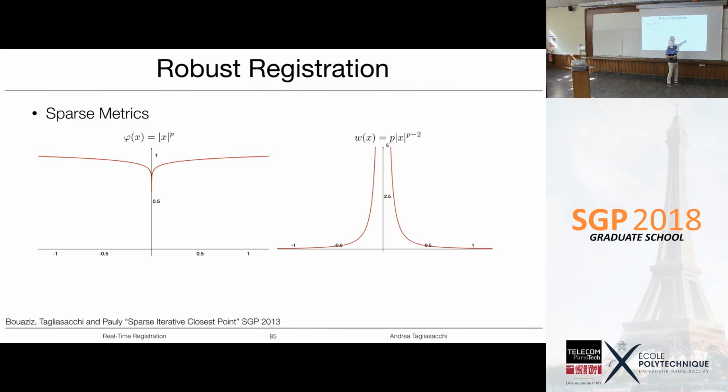If they have a 0 residual, it will be infinite, which means that those points will be infinitely considered inside the optimization as being fit to. While for large outliers, which will lie over here, as you can see, the gradient of the function is almost flat, which means that it will be mostly ignored. Not completely ignored, mostly ignored. So this is one way of doing it, using p-norms.